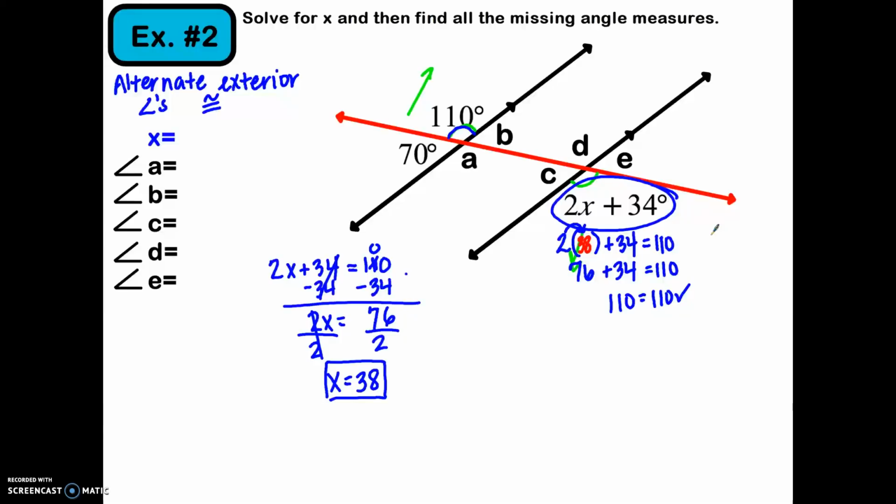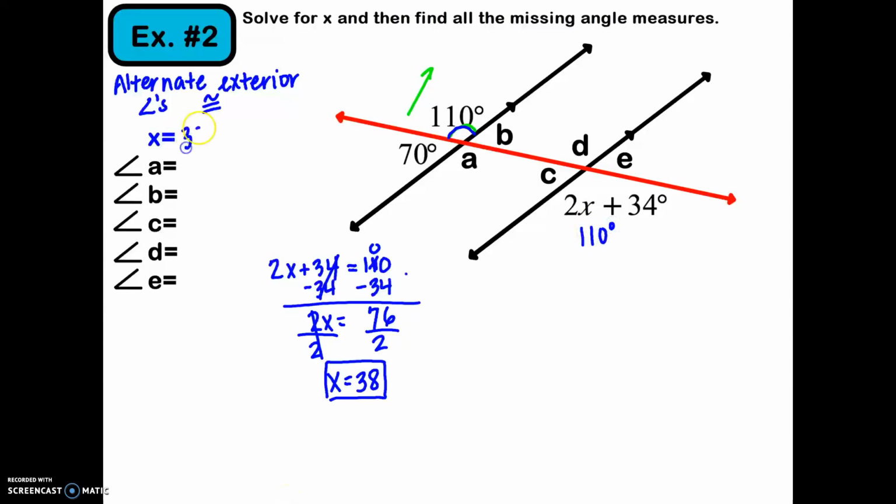Now, I'm going to go ahead and clear some of my work out here because I know that x equals 38. So this angle measure is, I checked, 110 degrees. Now I can start to find my vertical angles. That's always my go-to because it makes it easiest to know that they're going to be congruent.